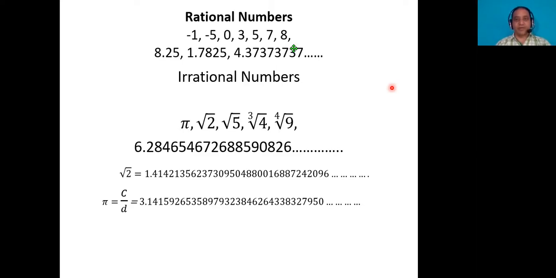Okay, now let us learn how to rationalize the irrational numbers. Let us start learning that. Before that, let us learn what is the result of operations between rational numbers and irrational numbers.